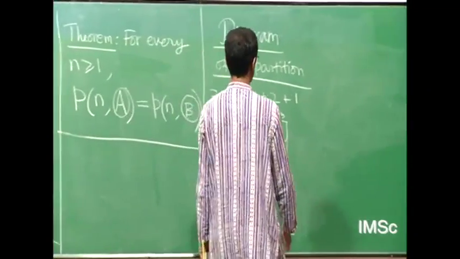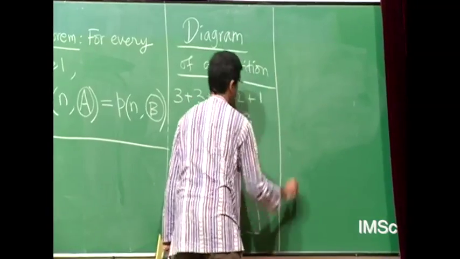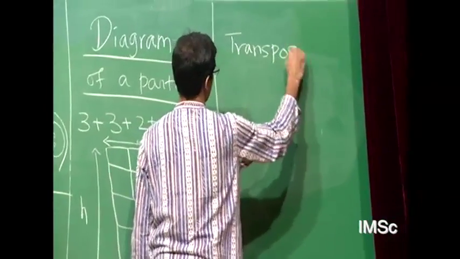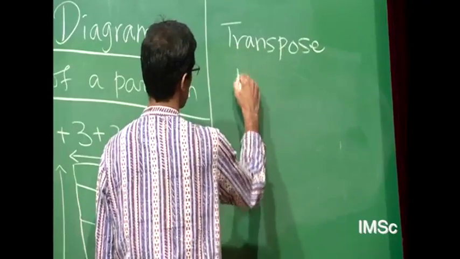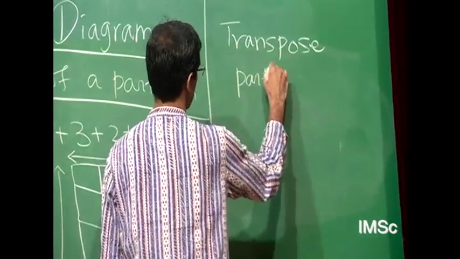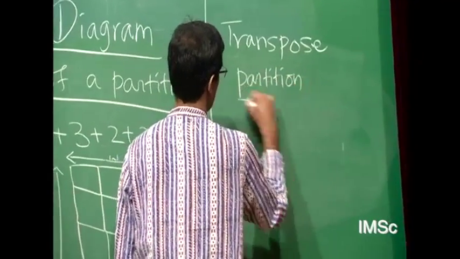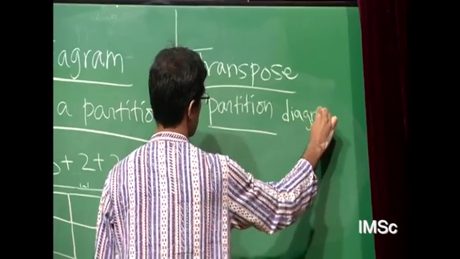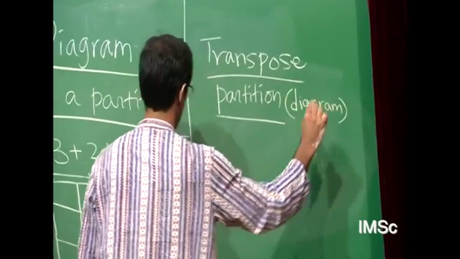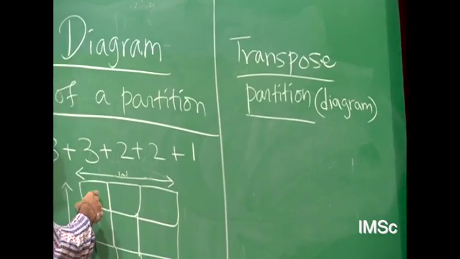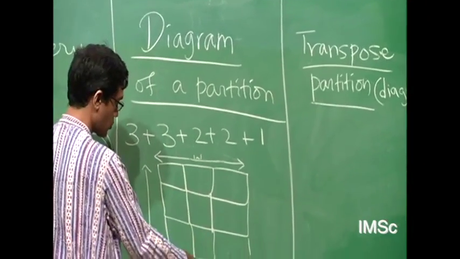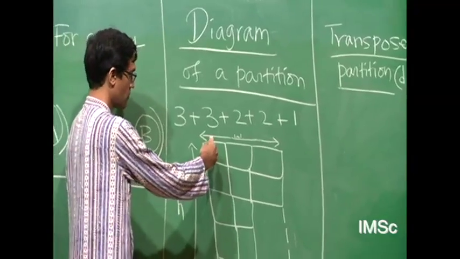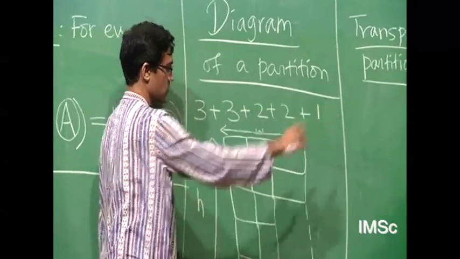So what does transpose mean? Let's do it by example again. So what's the transpose partition or the transpose diagram? It's really a diagrammatic notion. So let's do it here. It's 3, 3, 2, 2, 1. Transpose basically means you take the first column and think of it as the first row.